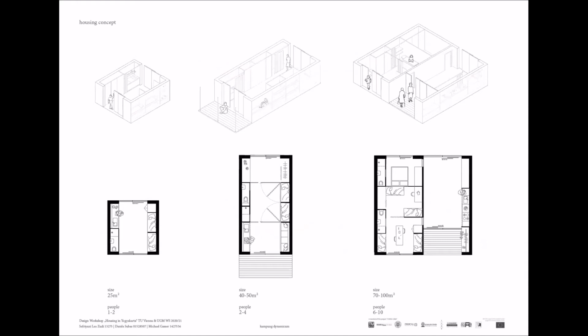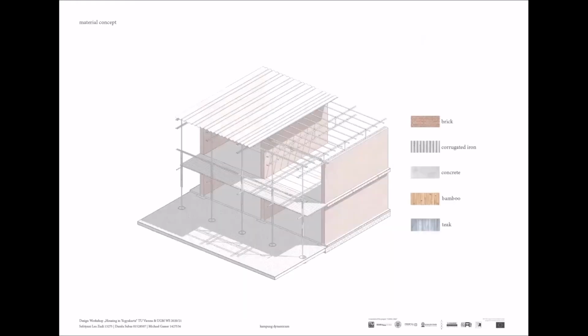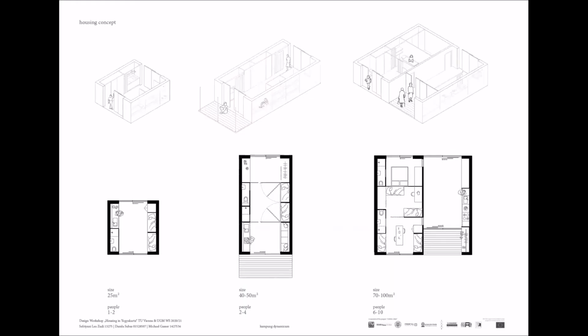That is why we have all the functions that are necessary for the household as small and space saving as possible, and we placed them on the sides. So we get in the middle a multifunctional area, and the floor plans have many flexible elements like sliding doors. And the apartments are oriented towards the streets and the other side to the courtyards, and they get light from both sides.